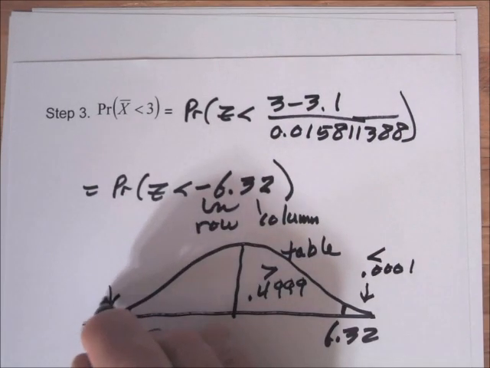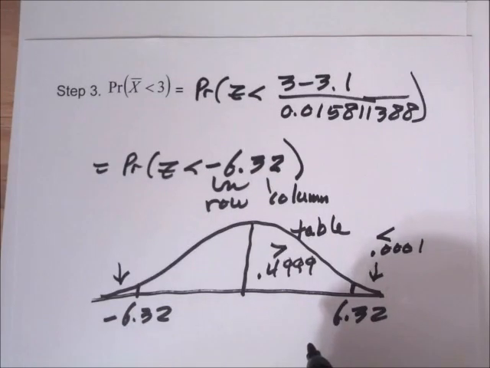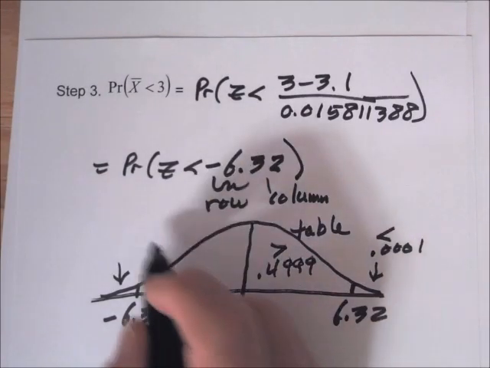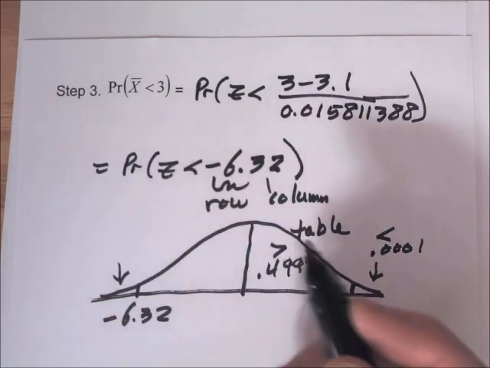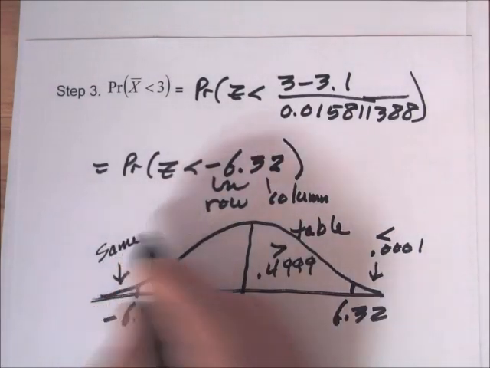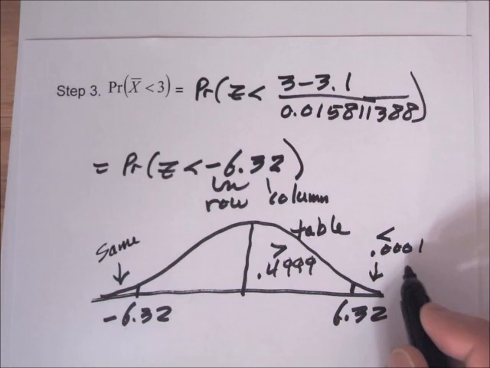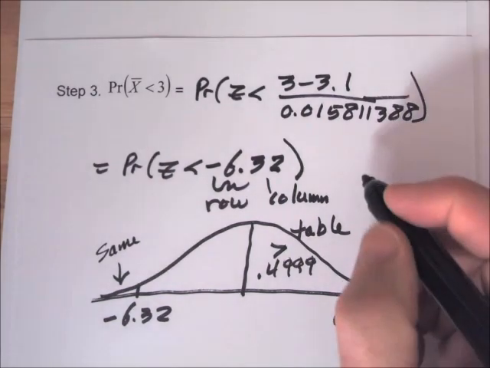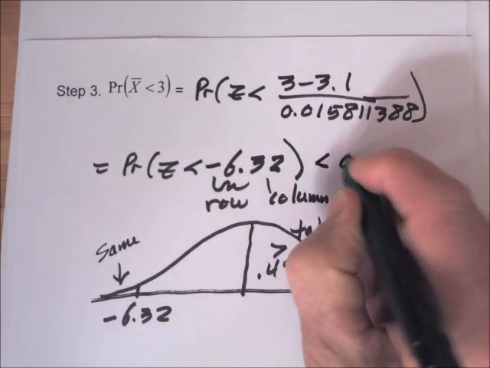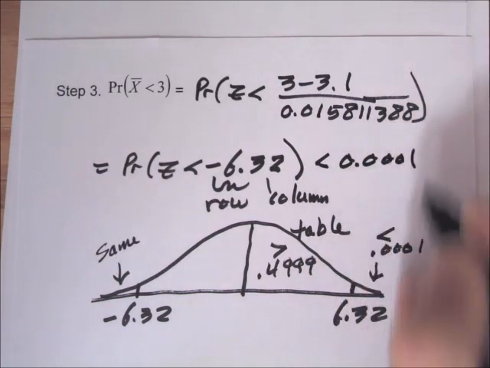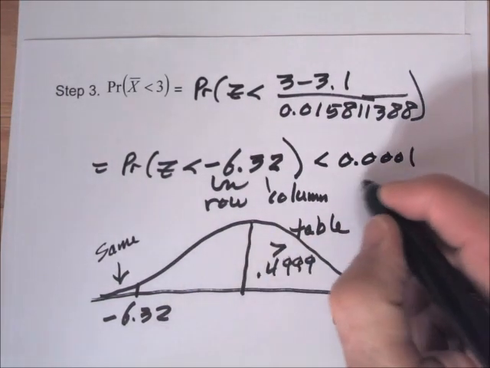And this piece here, the probability z-score is less than negative 6.32, is going to be the same as this piece over here. It's going to be less than 0.0001.